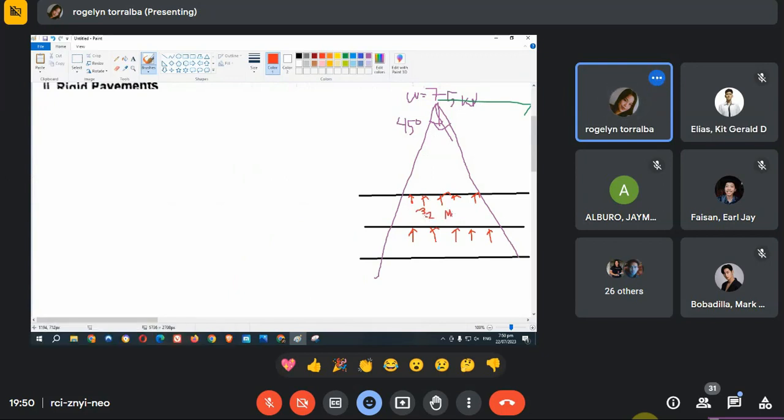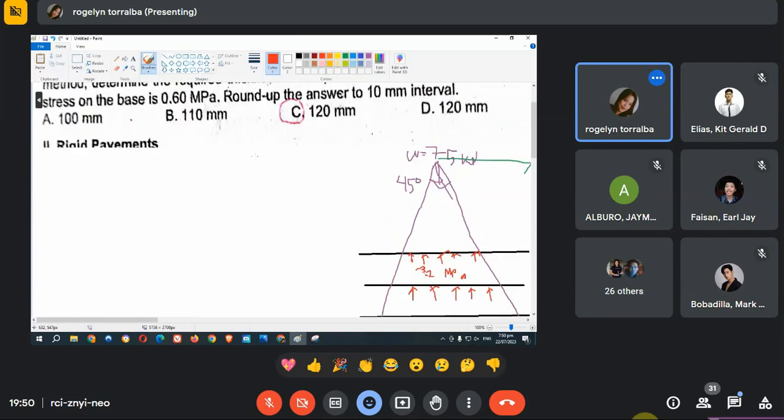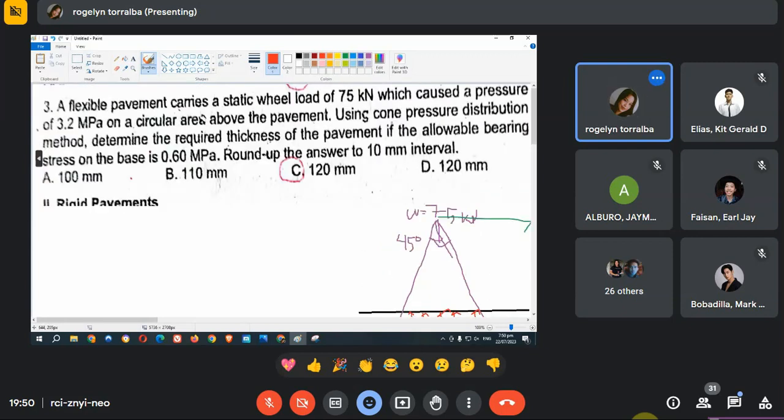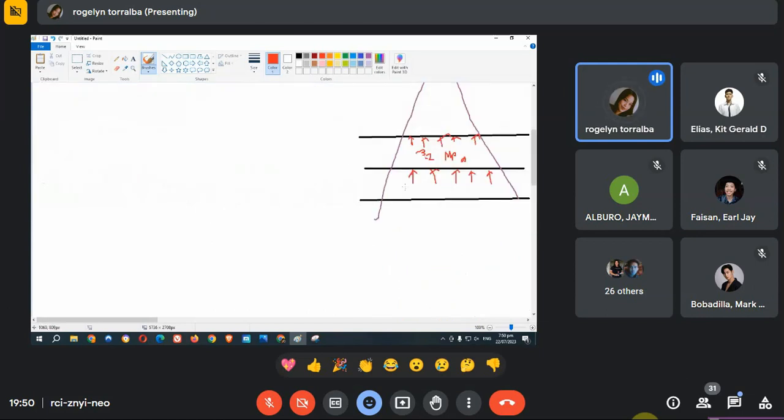Diba? And the second one, stress on the base is 0.60 megapascal. So that would be F base, diba? 0.60 megapascal. This is your pavement plus pavement.